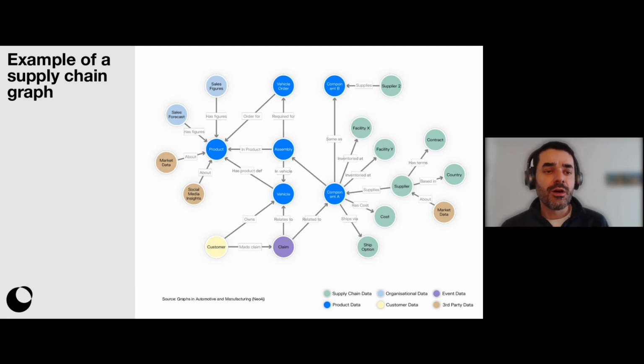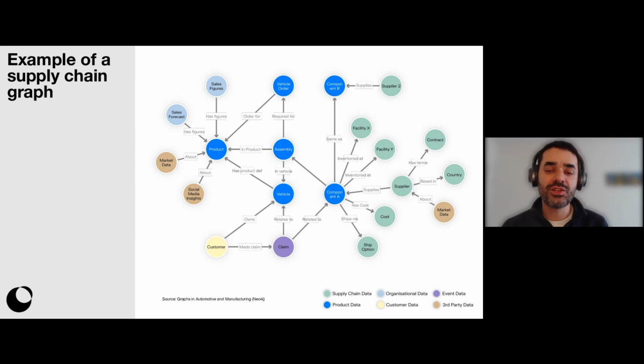Here is an example of applying graph thinking to supply chain, and we can see that we have some product data that's merged with supply chain data, customer data, event data, and more. And we see, for example, that we have a product on the left that's connected to sales figures, sales forecasts, market data, and more. That product is connected to an assembly that's connected to a component that exists in various facilities.